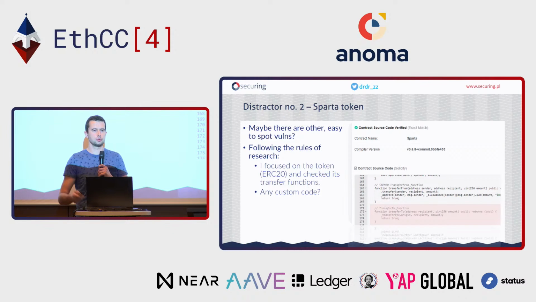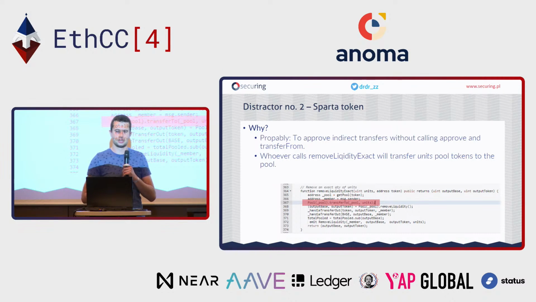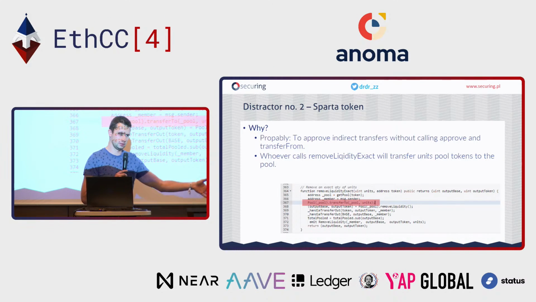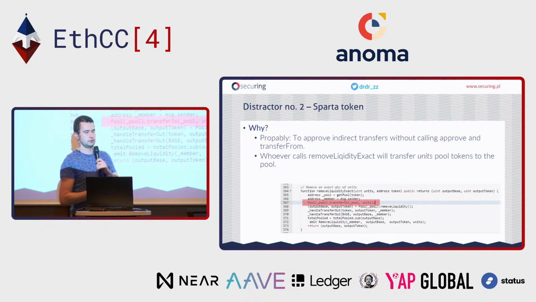And the first question was actually, why did they use it? And to be honest, I don't know. I suppose they use it to omit the approve and transfer requirement, right? So they didn't have to call first approve and then transfer. They can easily make their users transfer the Sparta tokens with this function.